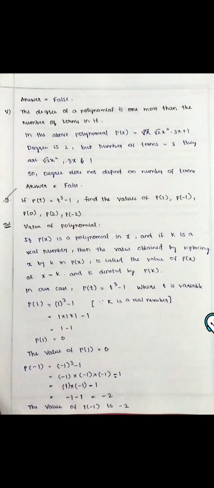That means if p of t is equal to t cube minus 1, wherever t is there, you replace it with the real number k. That means for p of 1, we replace t with 1, and if we solve the problem, then we'll get the value of that particular polynomial.